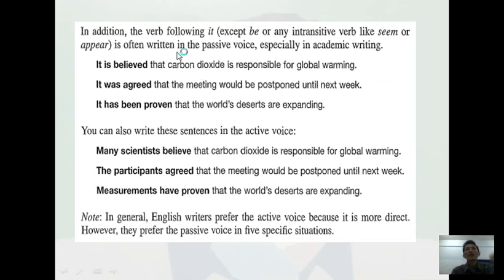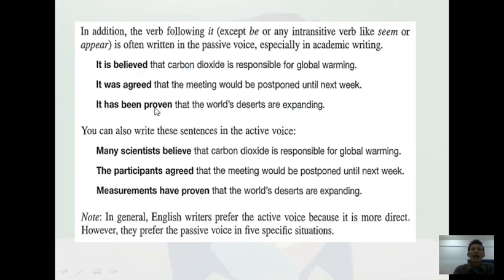It's often written in the passive voice, especially in academic writing. For example, it is believed that carbon dioxide is responsible for global warming. It was agreed that the meeting would be postponed until next week. It has been proven that the world deserts are expanding.